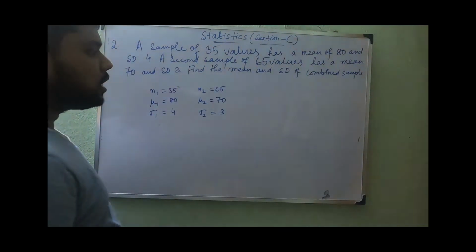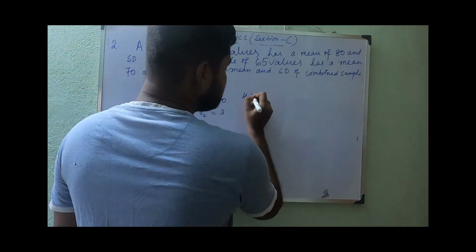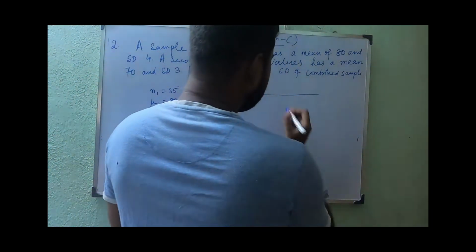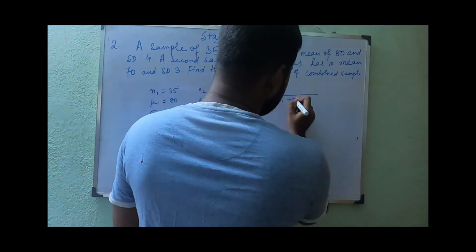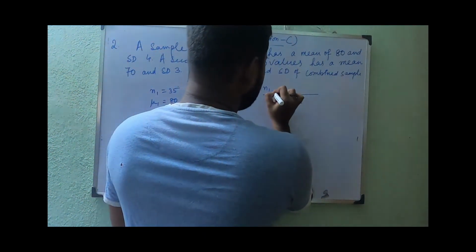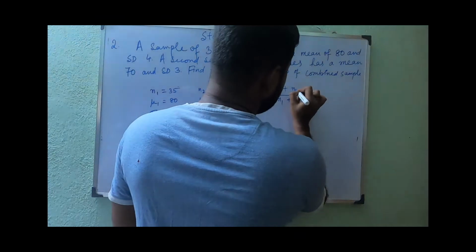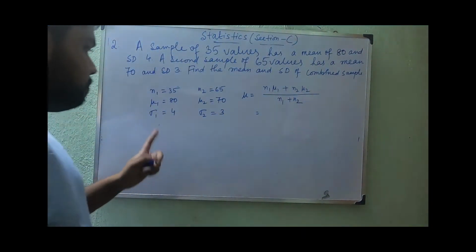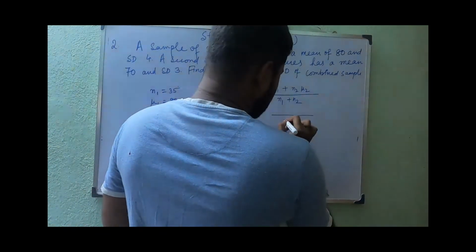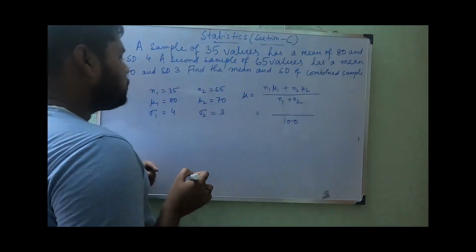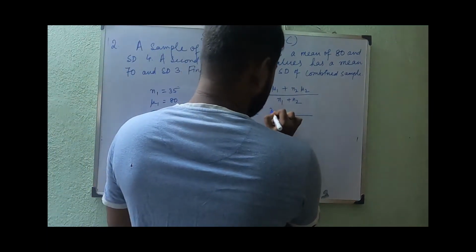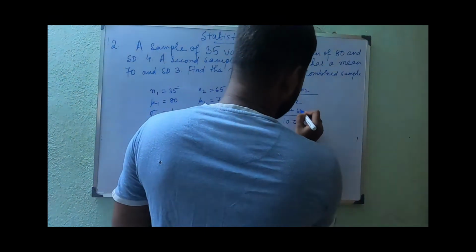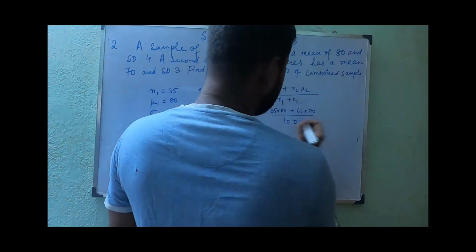Fine. So therefore let us first find the combined mean, because we require it. So the combined mean is N1 mu1 plus N2 mu2, in the denominator we have 100. That is 35 into 80 plus 65 into 70.